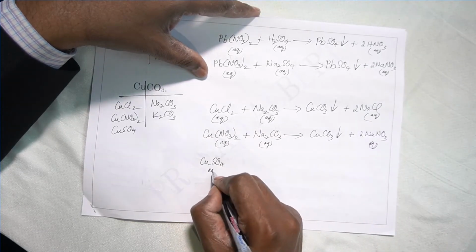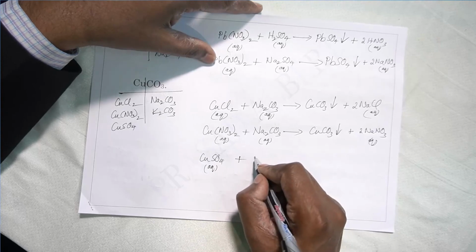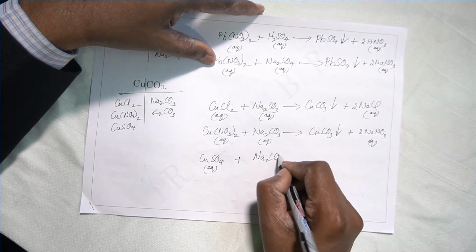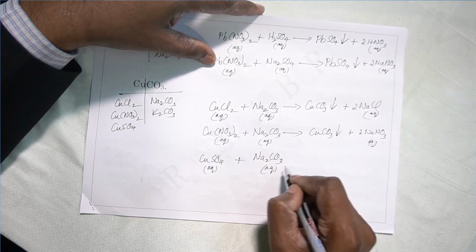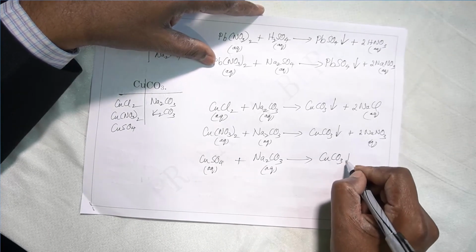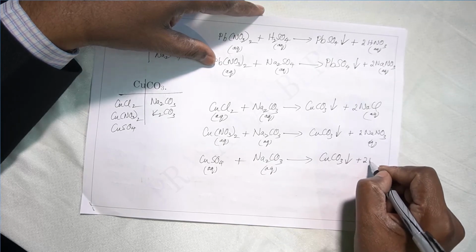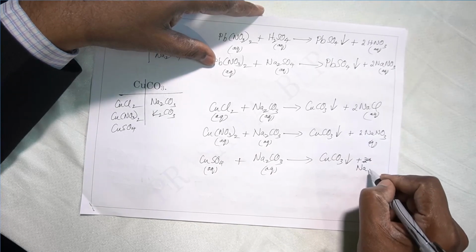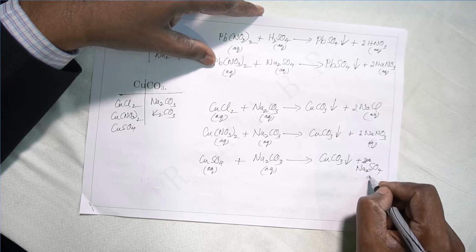Then CuSO4 aqueous plus Na2CO3 aqueous gives CuCO3 insoluble salt plus, not 2, it is Na2SO4 which is aqueous.